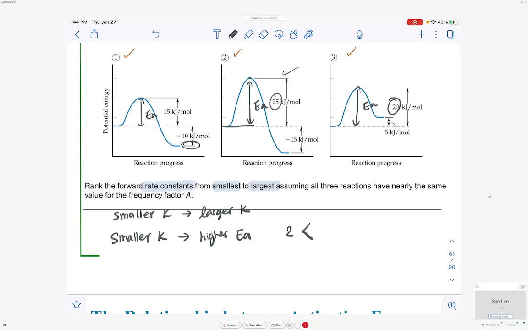That is slightly smaller than 25, so it's going to have a slightly larger k compared to experiment 2. And the experiment with the smallest activation energy, 15 kilojoule per mole, will have the highest k. That means the reaction rate is going to be highest for experiment 1.